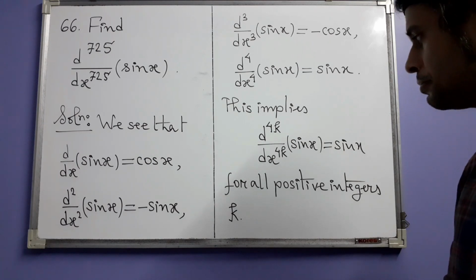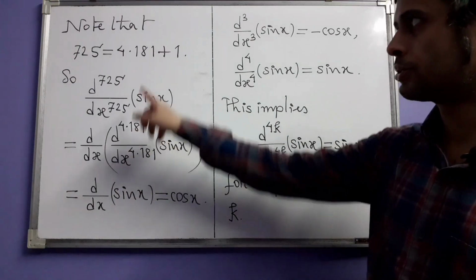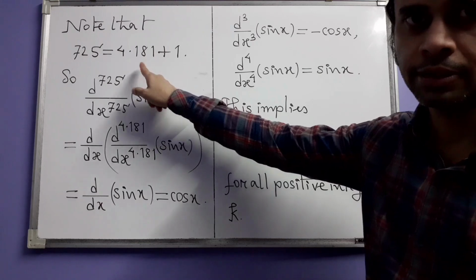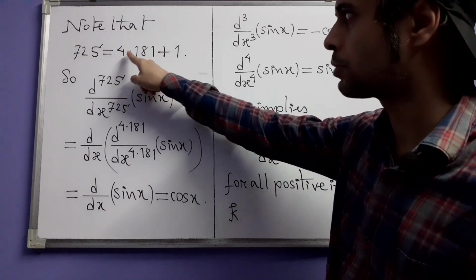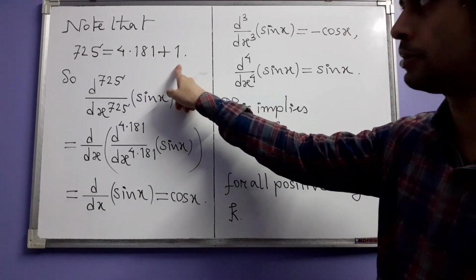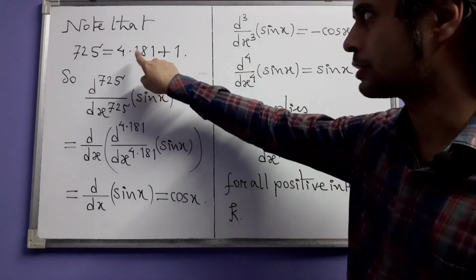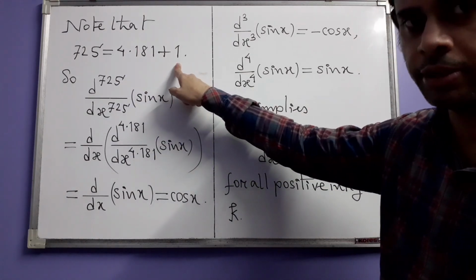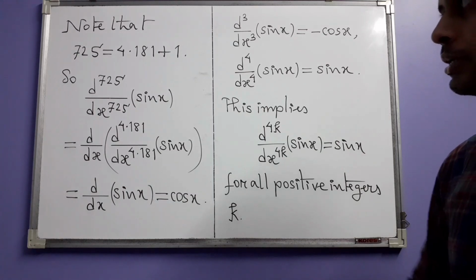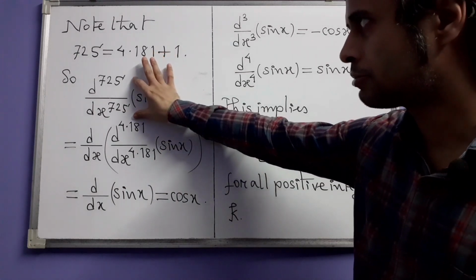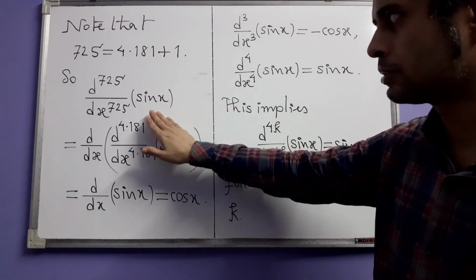Let's see. So we note this identity, 725 equals 4 times 181 plus 1. So basically we divided 725 by 4 and this is the quotient and this is the remainder. So then how can we write this 725th derivative of sin x?